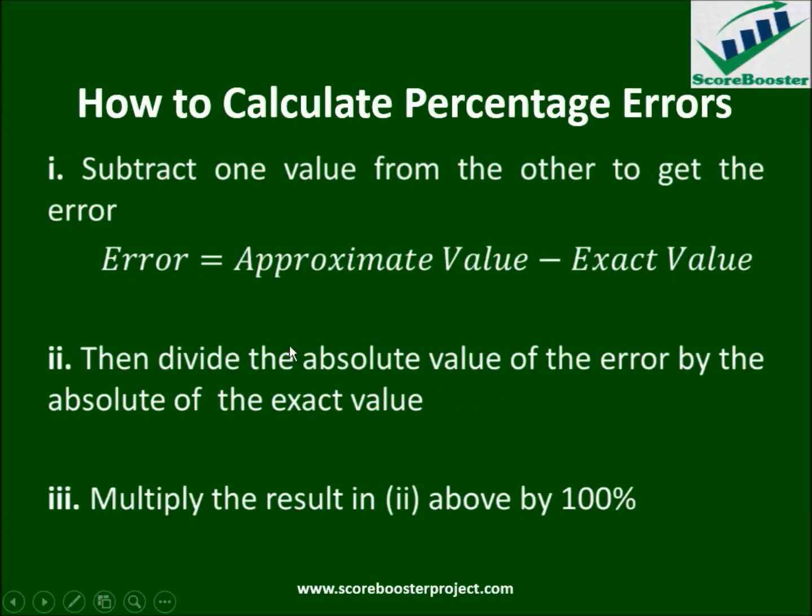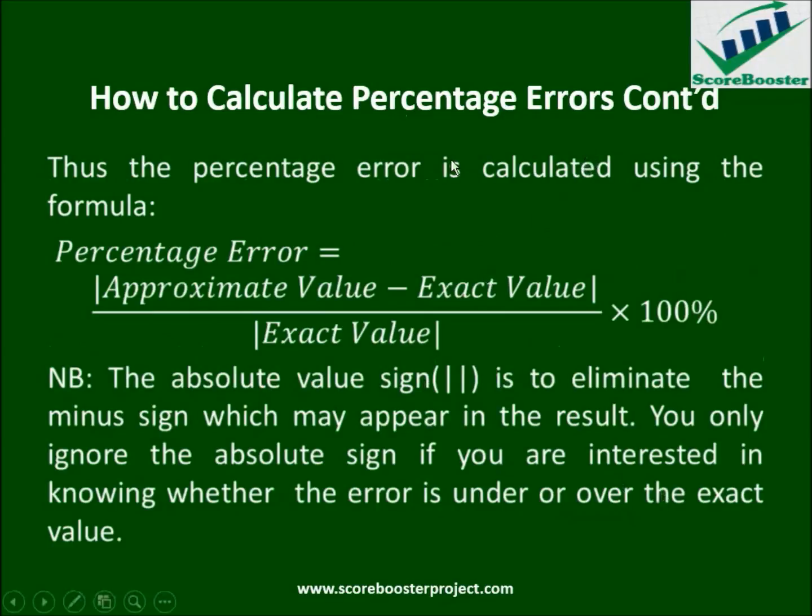So after dividing the absolute value of the error by the absolute value of the exact value, the result is then multiplied by 100%, and then you arrive at the percentage error. Thus, the percentage error is calculated using the formula: percentage error equals approximate value minus exact value, all over the absolute value of the exact value.